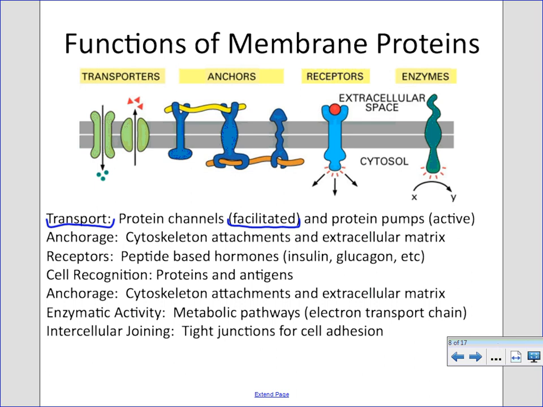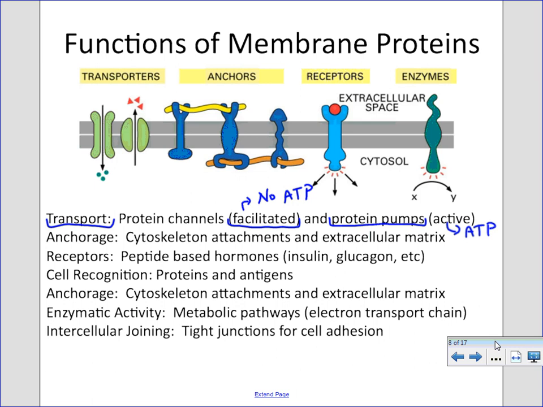And then you can have protein pumps, which will actively move substances from a low concentration to a high concentration through active transport, which requires the use of energy in the form of ATP, whereas facilitated diffusion does not require ATP. This will be covered in greater detail in the video for 1.4.